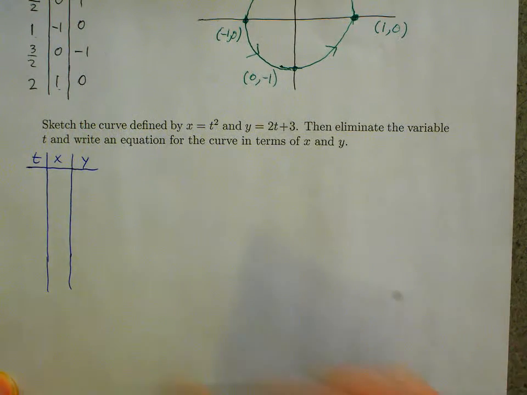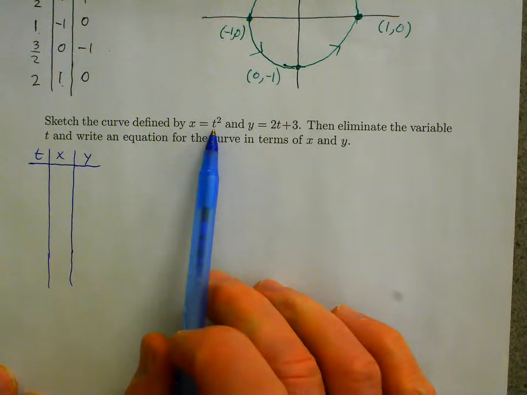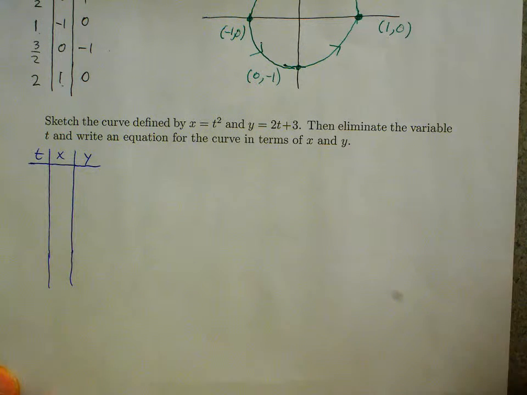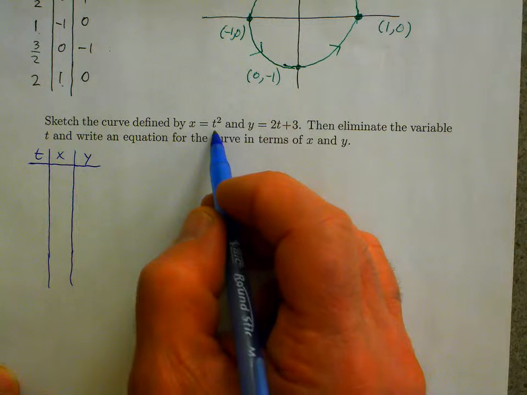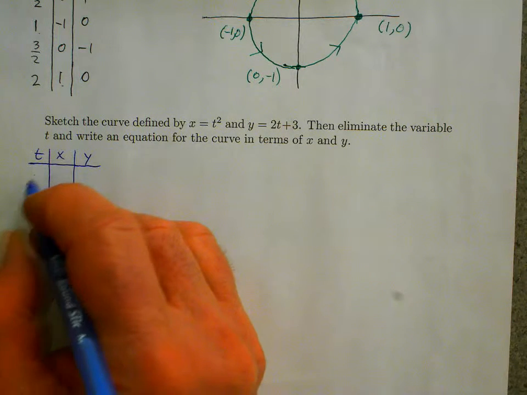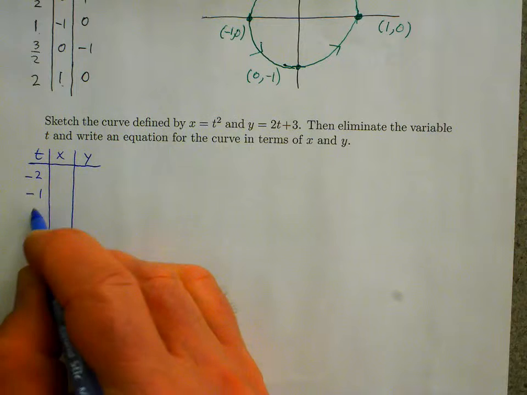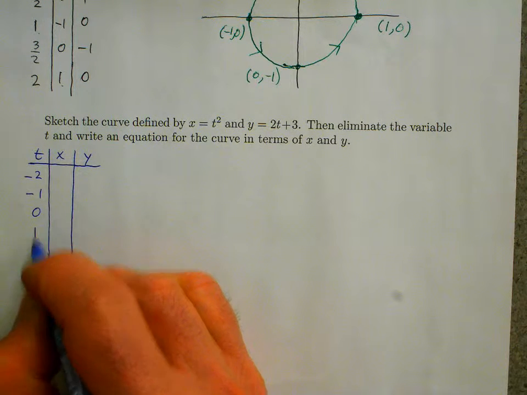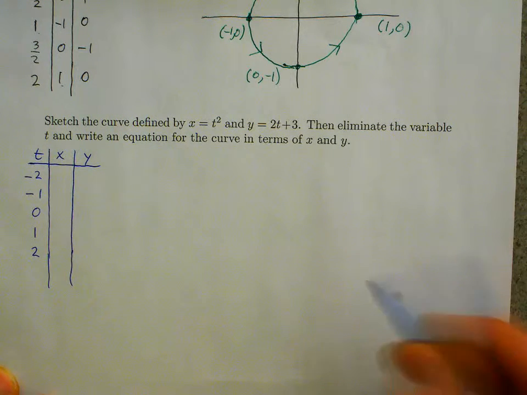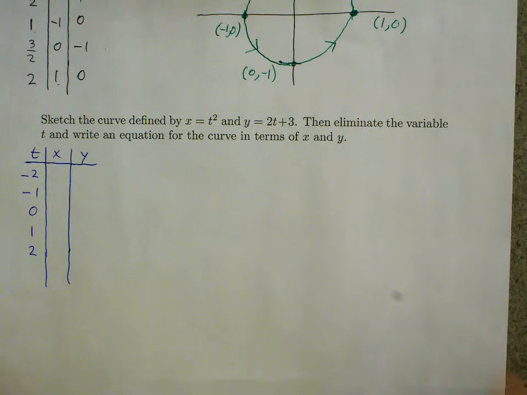We don't always have to assume that t must be non-negative. So I'll pick a few negative values for t. I'll start at -2 and then increase by 1. So let's try those 5 t values.